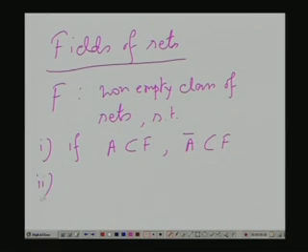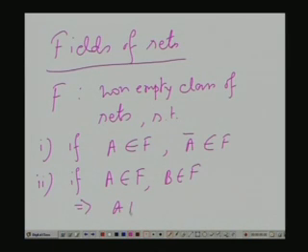And number 2, if A is an element of F and B is an element of F, then A union B is an element of F. Because sets are now elements of the class, a class being a collection of sets, it should be element, not subset. Using these two we will develop some properties, and show that this applies also to the intersection: if A is an element of F and B is an element of F, then A intersection B also is an element of F.